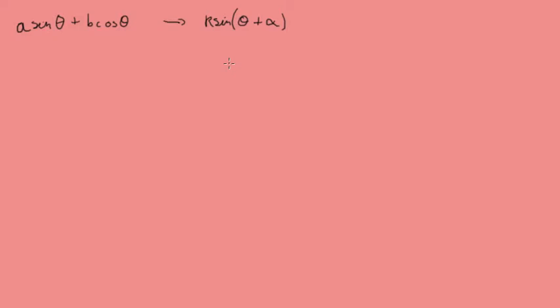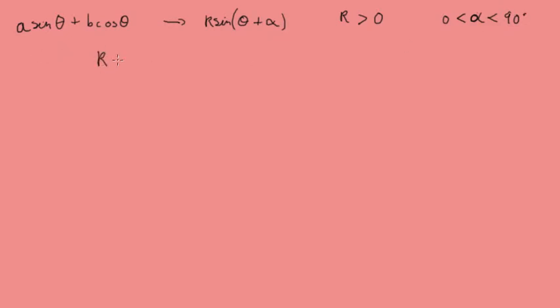So let's look at how we would do that. We're assuming firstly that r is going to be greater than 0 and that alpha is between 0 and 90 degrees.